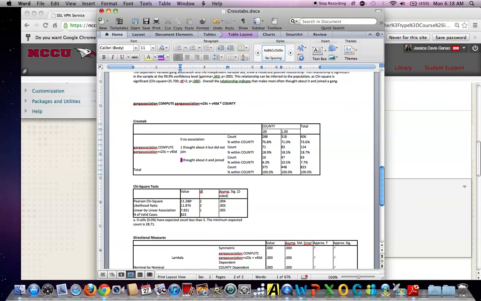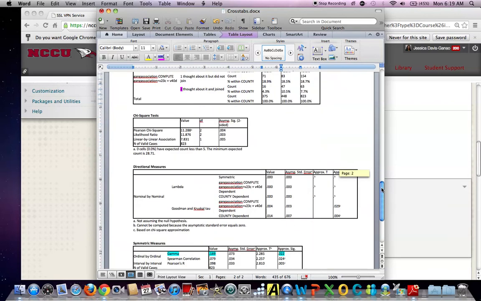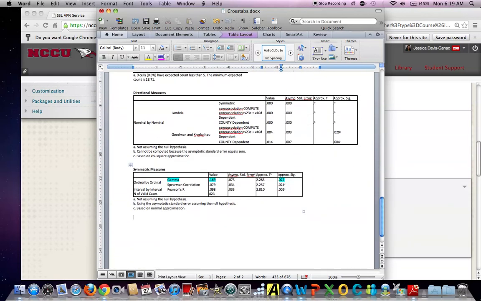So a high value on one variable is associated with a high value on the other variable. And we know from our univariate analysis that 0 was out of county and 1 was in the county. So with all that said, let's interpret.